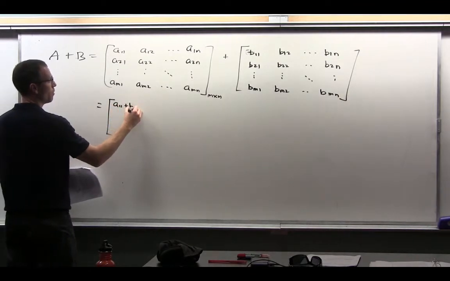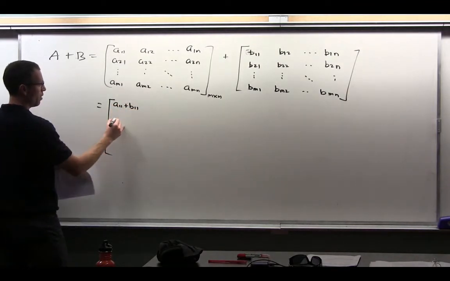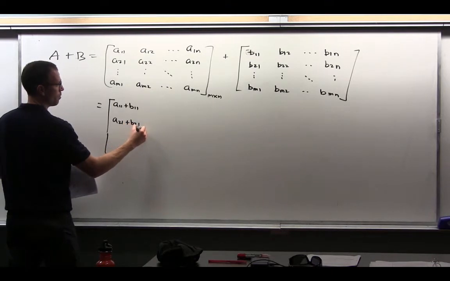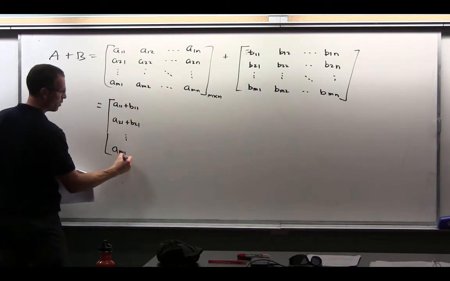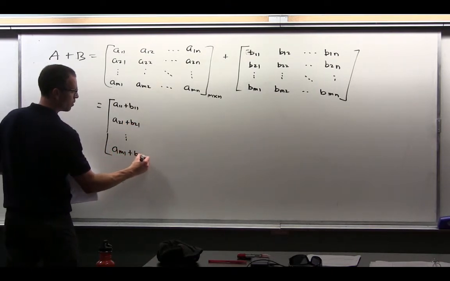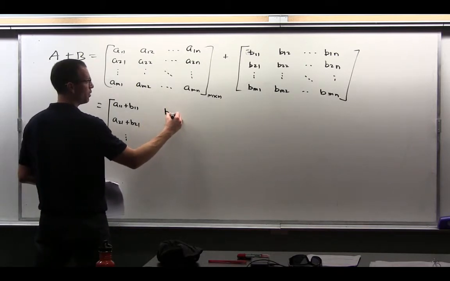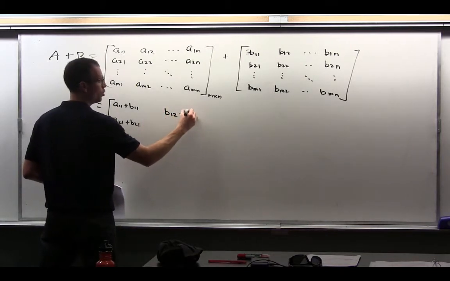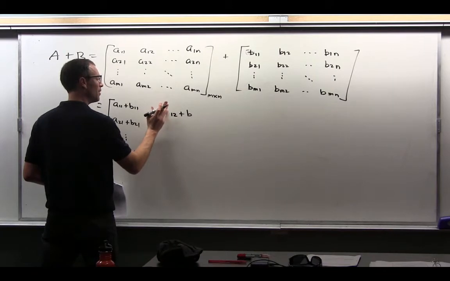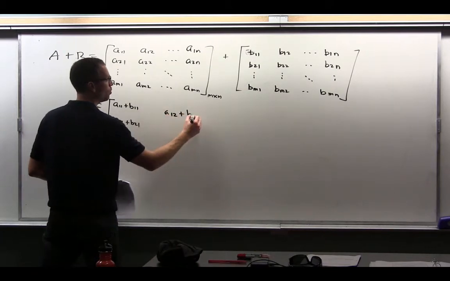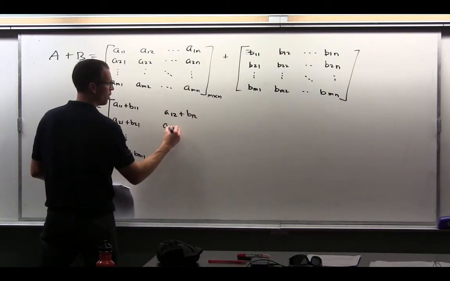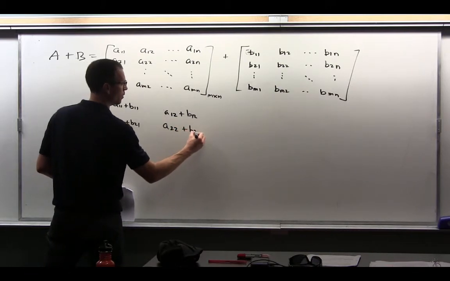A11 plus B11. Okay, now what? And then I go all the way down. What's the next one? A12 plus B12. Then what? A22 plus B22.